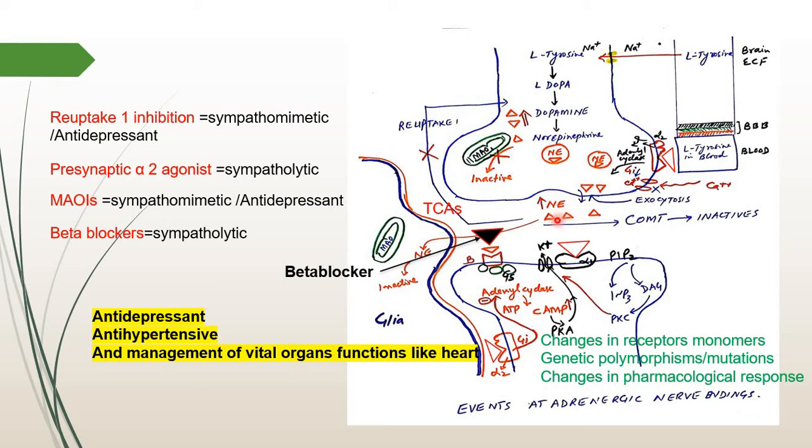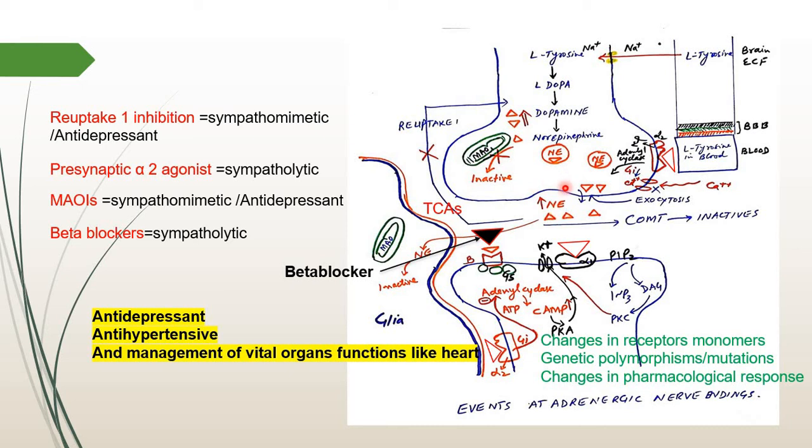And in case of depression, the level of bioamine is decreased, and though we are now in the peripheral nervous system, the same concept applies to the central nervous system as well. So in case of depression, if we either block this reuptake, the level of norepinephrine in the synapse rises, or we inhibit this monoamine oxidase enzyme.